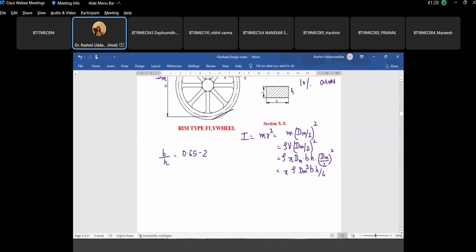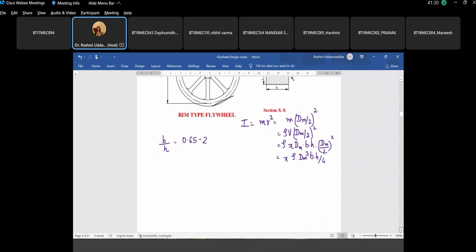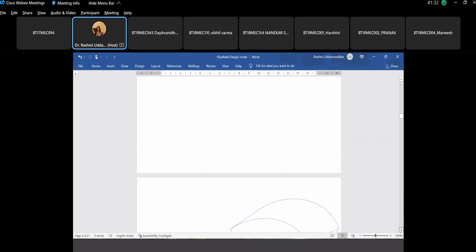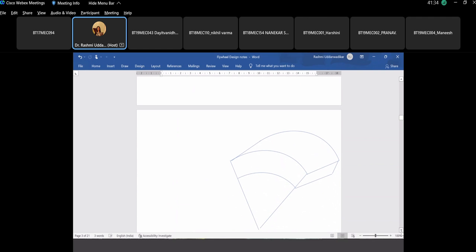Let's talk about the centrifugal force. Now this is rotating at a high speed and you have large mass concentrated at its rim or at its periphery. So let's talk about the centrifugal stress and the centrifugal force here. Please draw this figure.